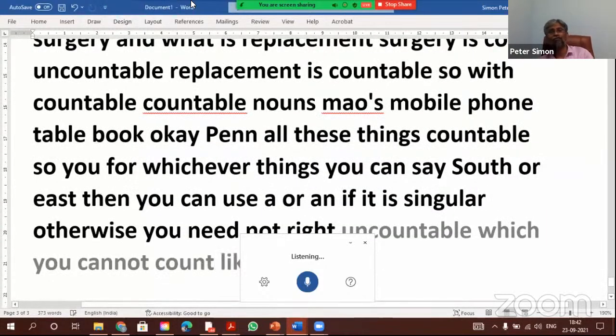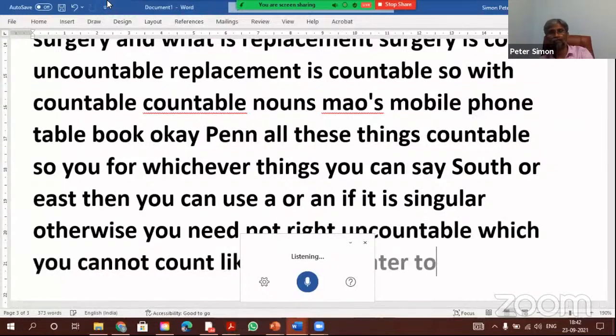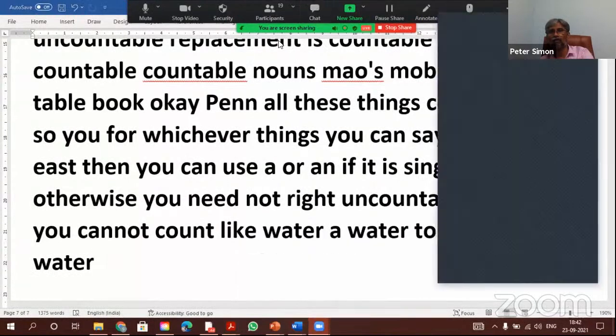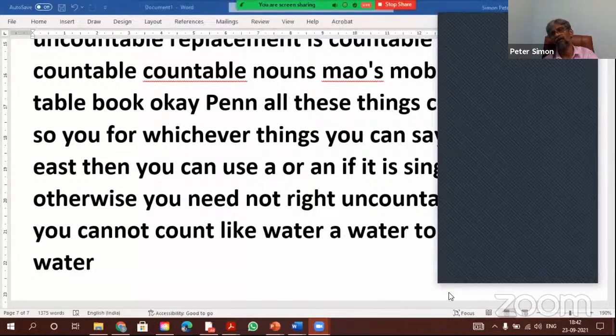Next, so I have clarified the concepts of present perfect versus simple past.